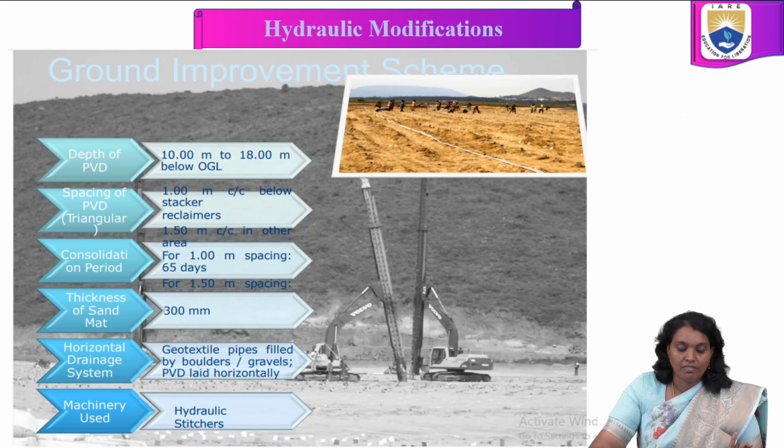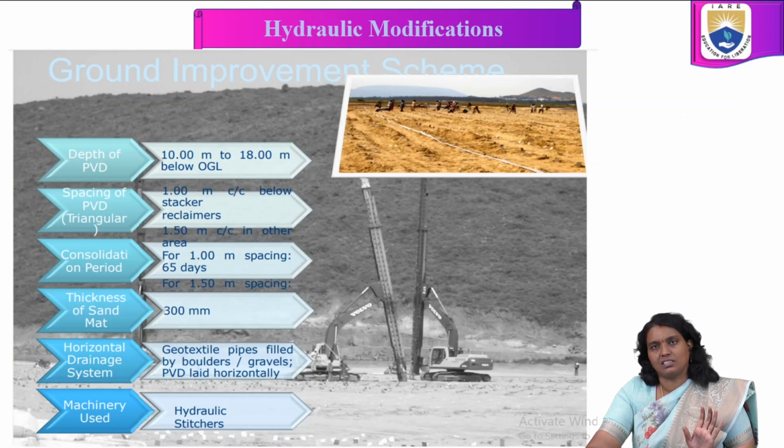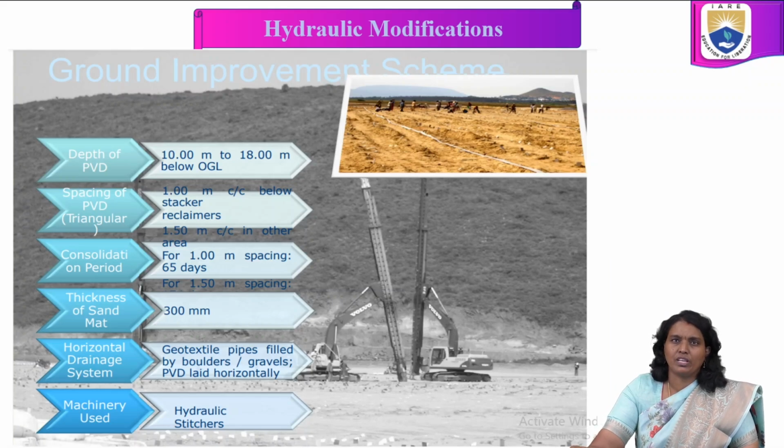The thickness of the sand mat is 300 mm. For the horizontal drainage system, geotechnical pipes filled with gravel and PVD laid horizontally, and the machinery used is hydraulic stitchers.